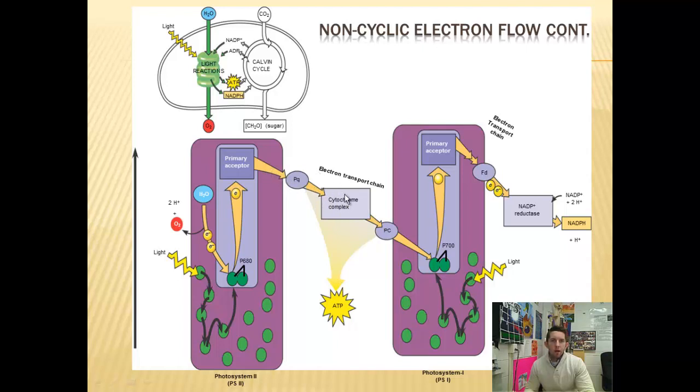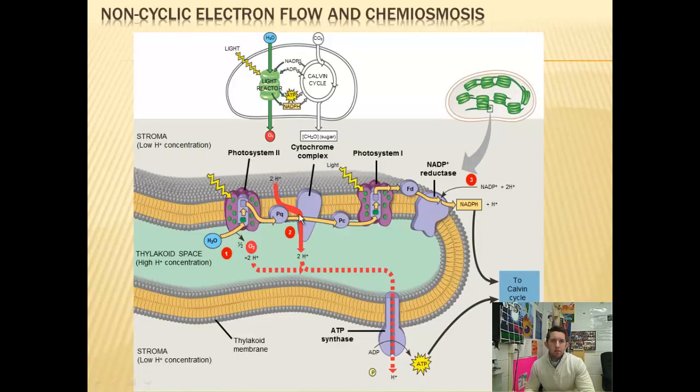When they're being passed down this chain, the cytochrome complex starts to pump hydrogens into this thylakoid space. There they are, being pumped in. So not only do we have a buildup of hydrogens from the splitting of water, we have a buildup of hydrogens from the pumping inward of this cytochrome complex. So we have a high concentration and a low concentration.